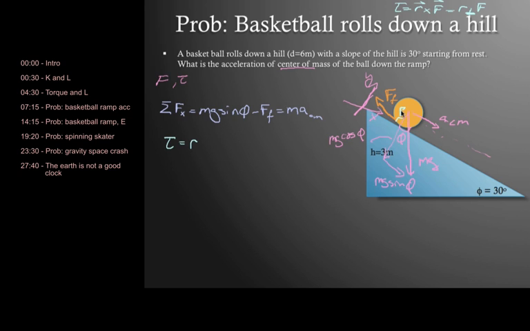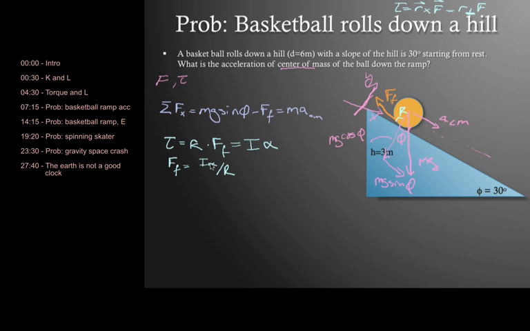Here's our R. So then the torque on the ball is going to be R times the frictional force that we have. And we also know that torque is equal to I times alpha. So here the frictional force, if we just rearrange this, is going to be I alpha over R.